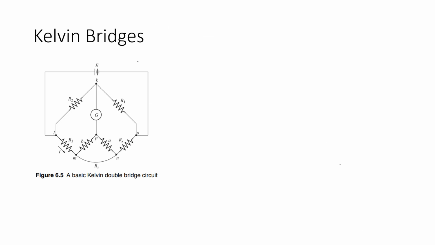In this Kelvin double bridge circuit, the ratio R1 per R2 must be equal to Ra per Rb.